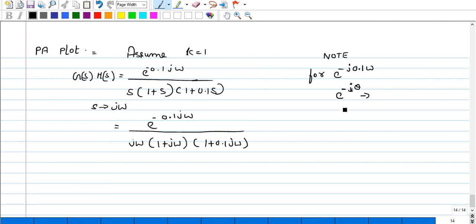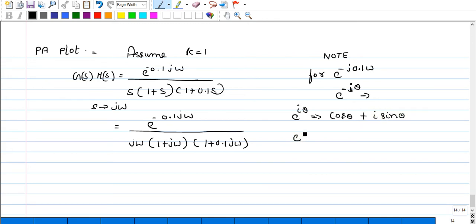So I will write the expansion here. If it is e raised to j theta, then the expansion is cos theta plus j sin theta.